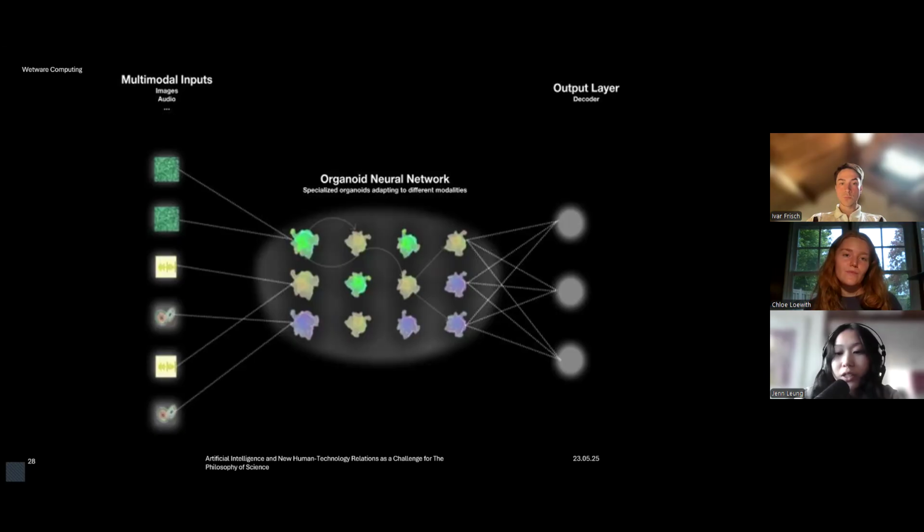It's also worth noting here that there are many different types of organoids, not just cerebral organoids, but also some that filter toxins, like kidney and liver, and a type of organoid that's designed to process smells.